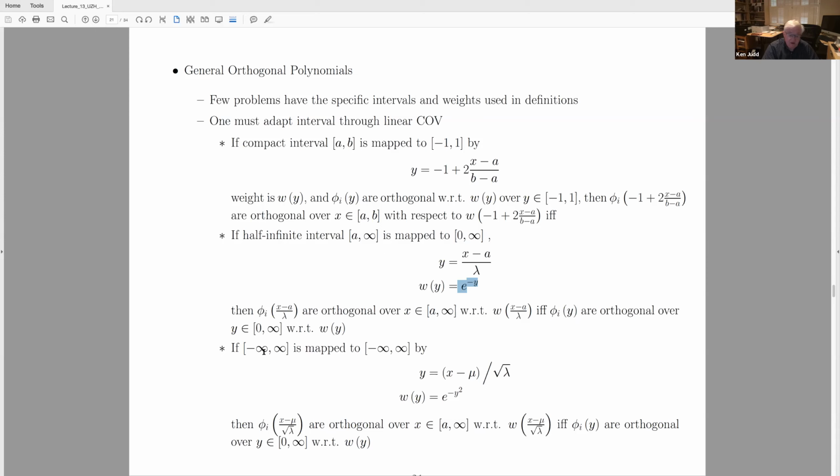And I've also shown you how to do -infinity to infinity using a Gaussian kernel. So again, if your problem lives on that domain, you can use a linear change of variables to create orthogonal polynomials in your domain.